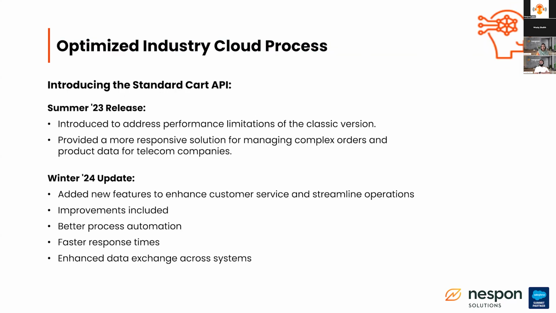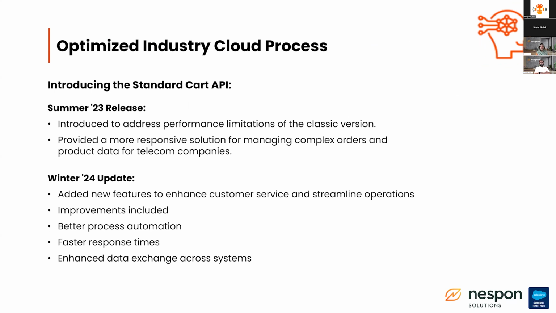So here we are going to focus on how Salesforce tackled the challenges with the Standard Cart API in the Summer 23 release. This new API was explicitly designed to address the limitations of the Classic API, offering a more responsive and flexible solution for telecom companies.